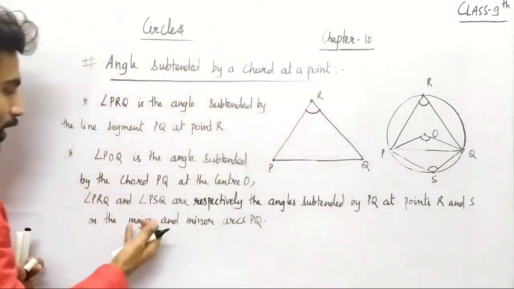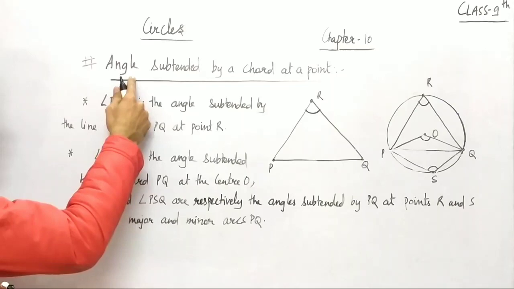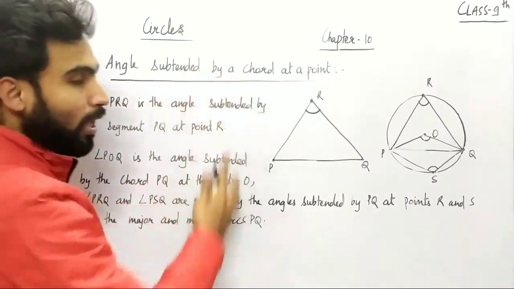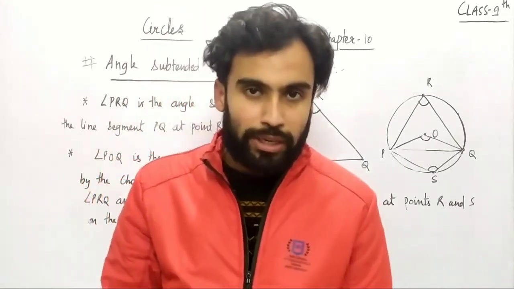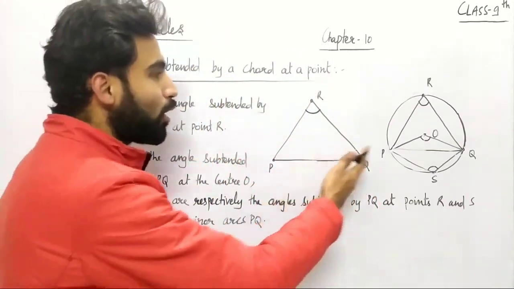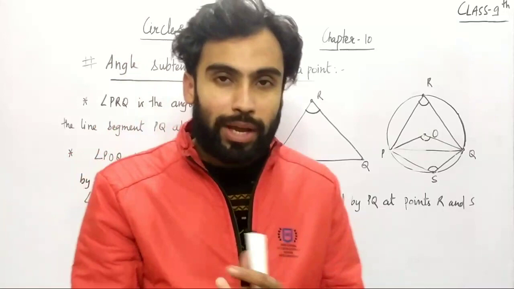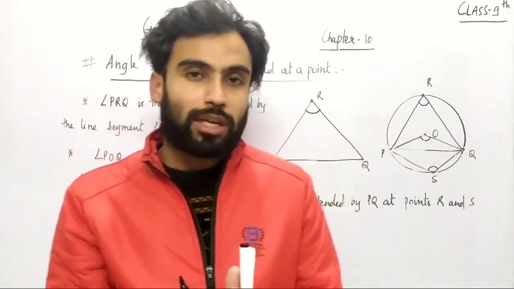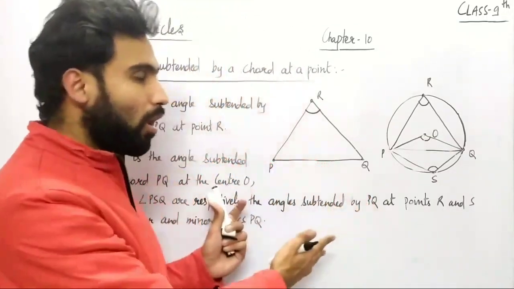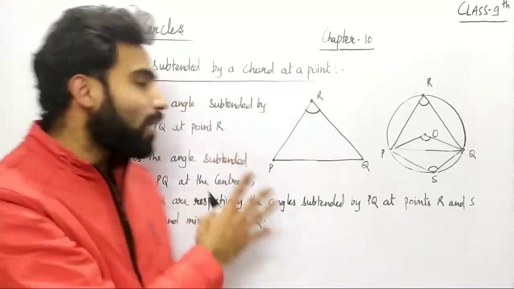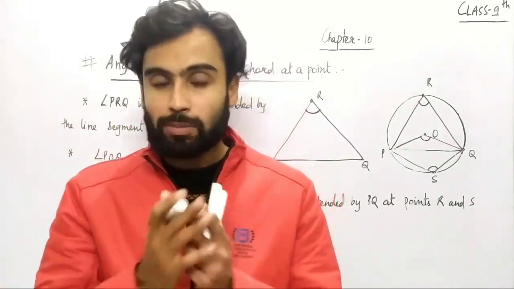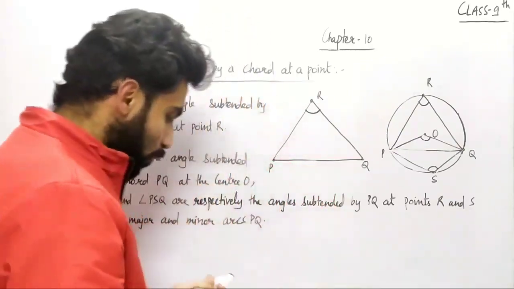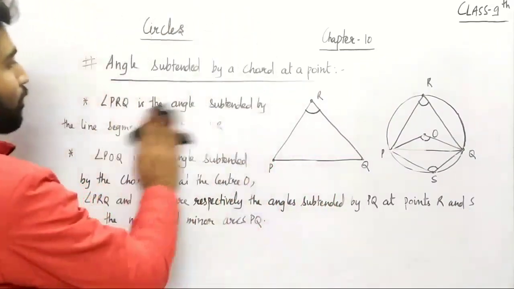Here you can see how an angle is subtended by a chord at any point on the circumference of the circle. We are going to further discuss various things about circles. So that was all for the topic of the angle subtended by a chord at a point. Now let us move on further. For that, let me make some space.